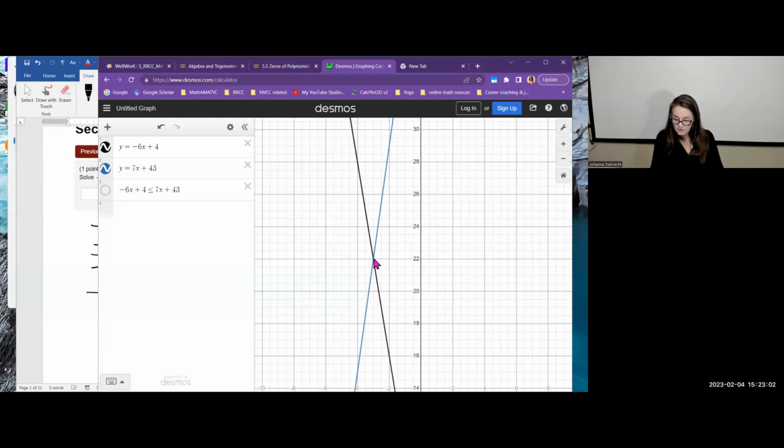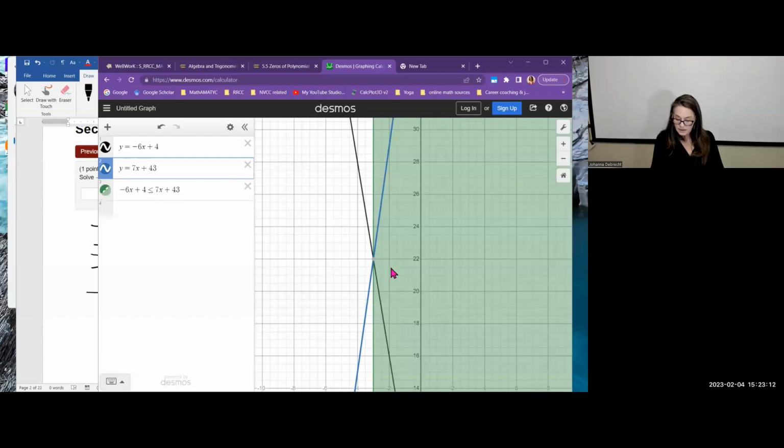So it looks like from this value where they intersect at negative 3 to the right should be the solution set, which is what we got. Let's now graph it and see what it looks like. Yes, indeed, it is starting at negative 3 and using all values where x is greater than or equal to negative 3. And that includes any of these y values as well.